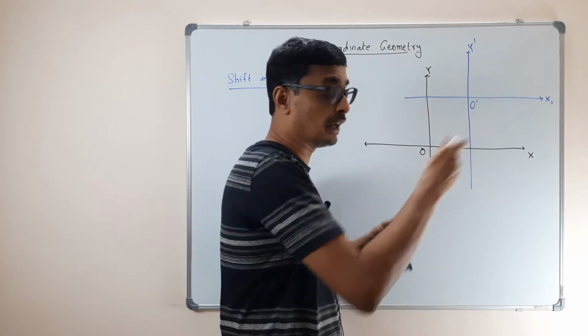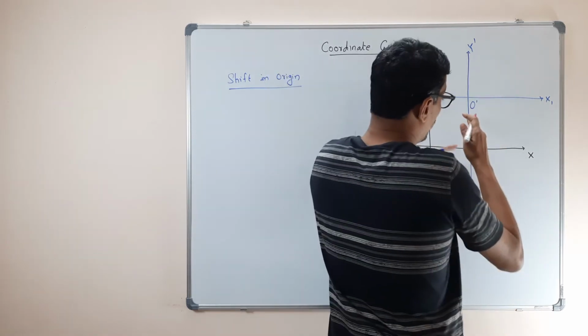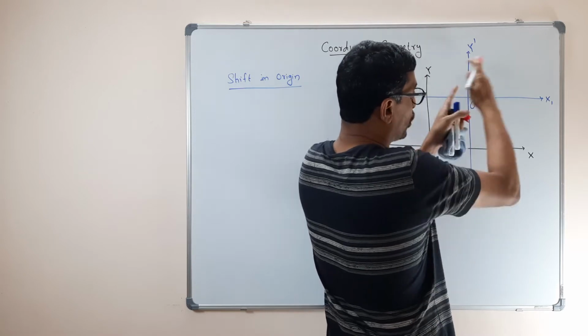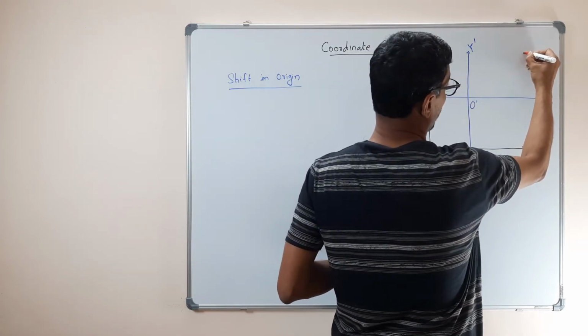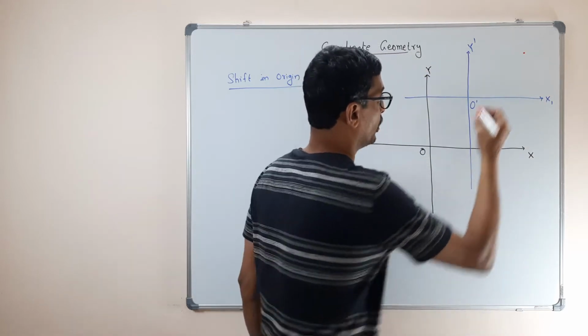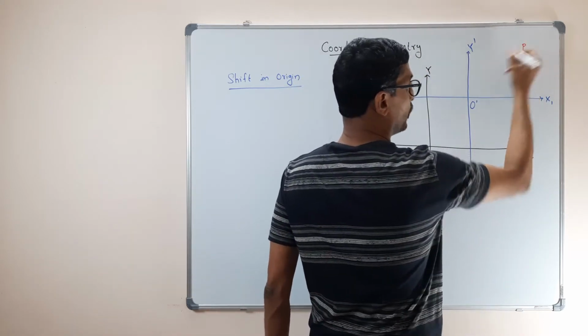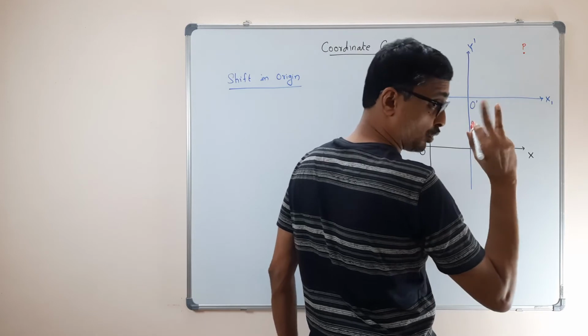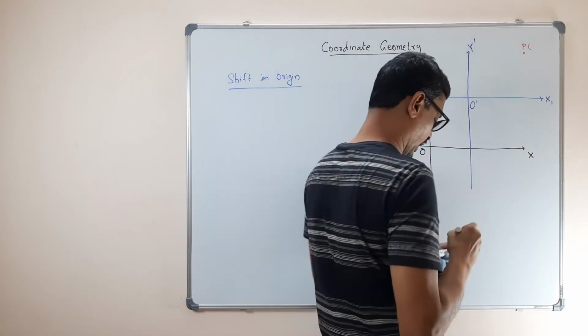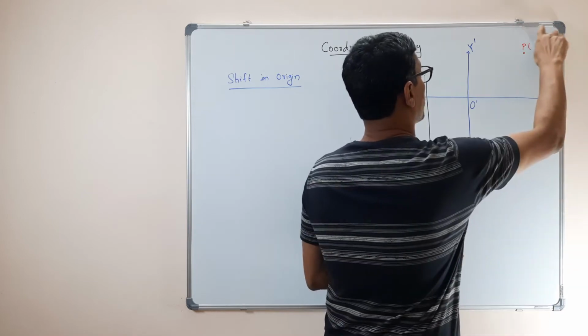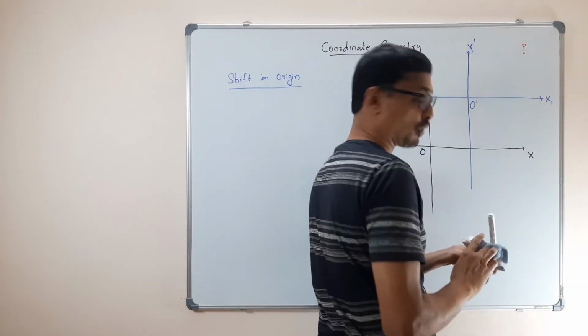So what we have to do is find a certain coordinate point. How are we going to define the point in both coordinate systems? Let this point be P. The point P has two coordinates, am I right? One corresponds to you. Let me use black color. The black corresponds to your measurement.